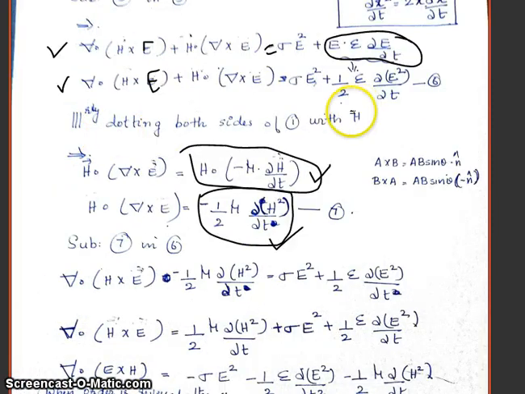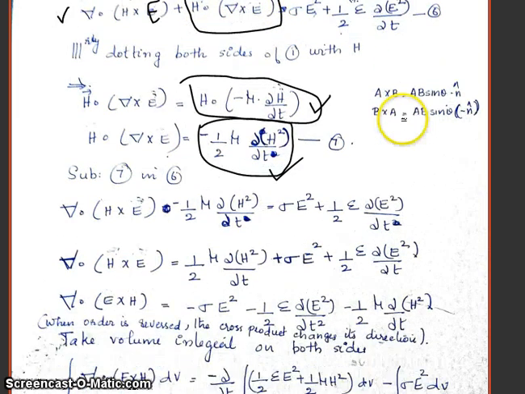Now I am going to substitute 7 in 6. 7 is H dot del cross E, and in 6 the second term is H dot del cross E. So I am substituting.